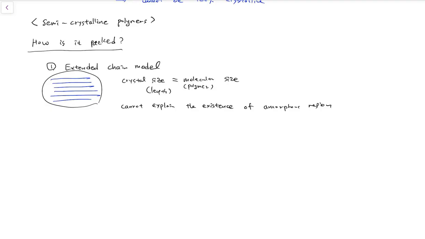So another model came up, which is called the fringed micelle model. In this model, polymers are basically located in this manner, and some chain ends something like this.